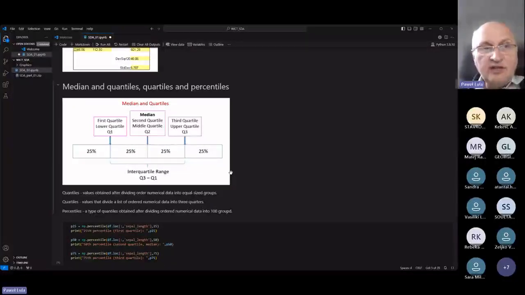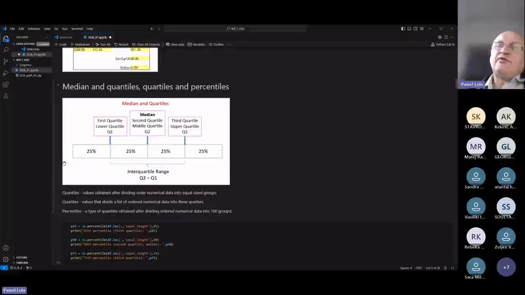And it is very important to have the same number of elements in every part. For example, I can divide this list of sorted values into 4 equal parts, equal in the number of elements.